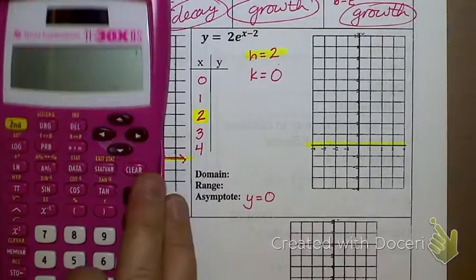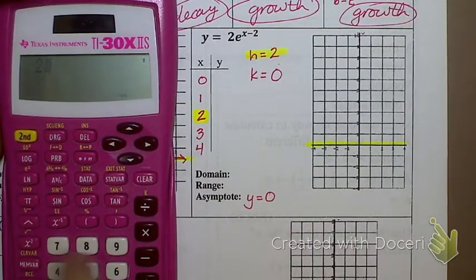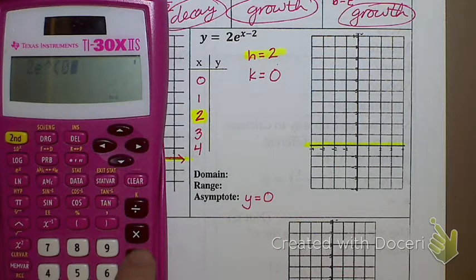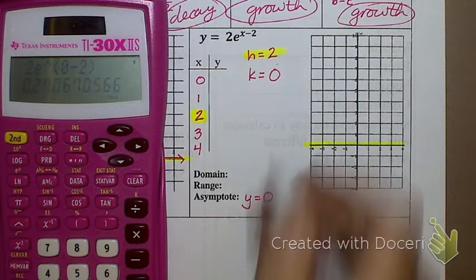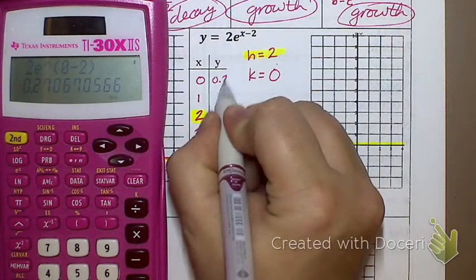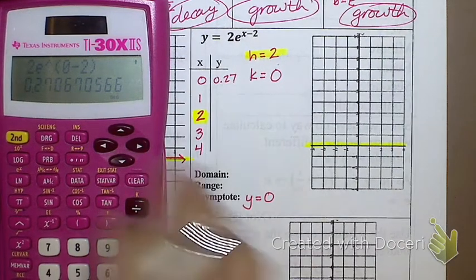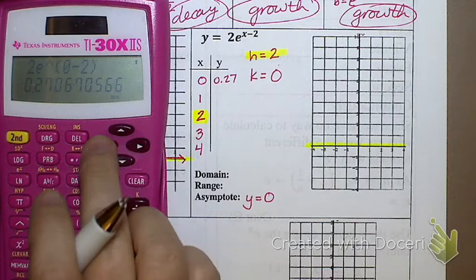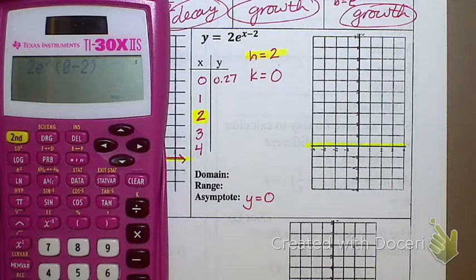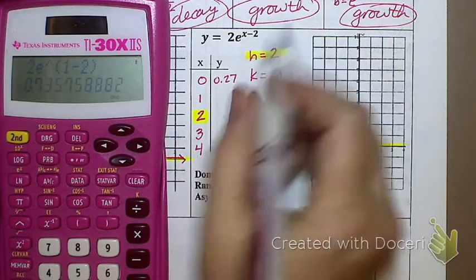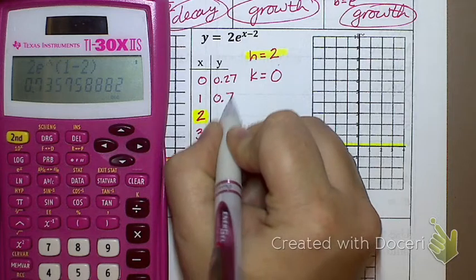And now let's start plugging some stuff in. So this equation, I have 2e to the 0 minus 2, right? And I get 0.27. You could call it 0.3. Either way, it doesn't really matter. Now I'm going to change the 0 to a 1. 0.7.